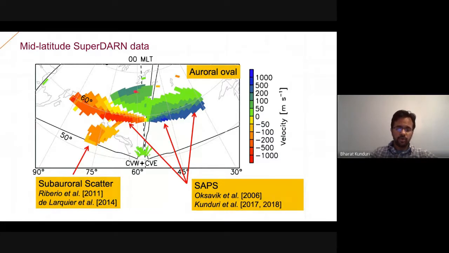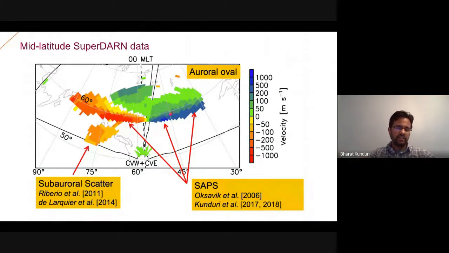The most poleward backscatter that you see is coming from the two-cell convection. If you move a little equatorward, centered around 60 degrees magnetic latitude, you see a narrow channel of flows. The blue color indicates positive line-of-sight velocities, which are directed towards the radar.